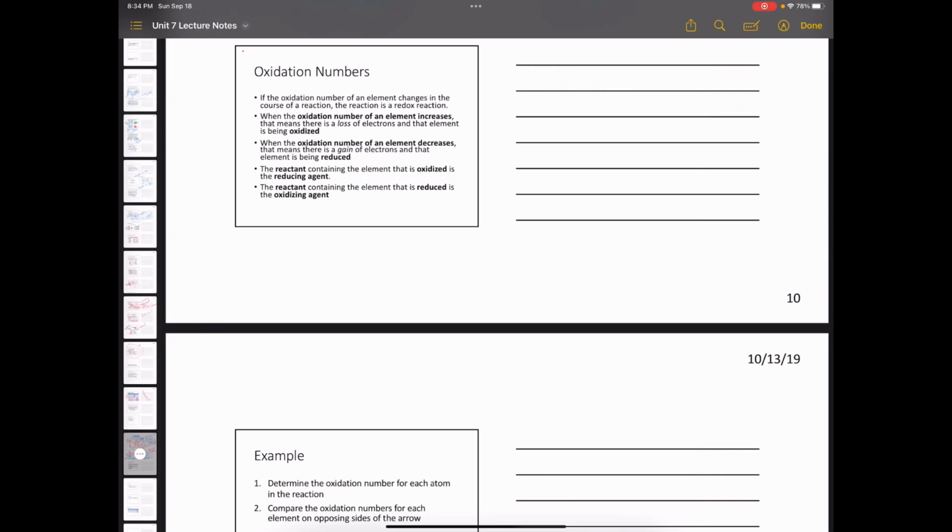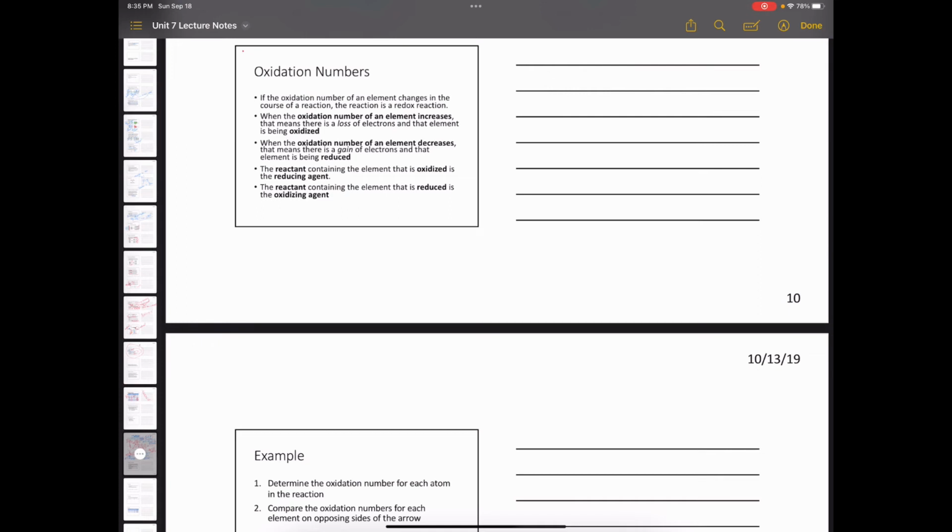The reactant containing the element that is oxidized, we call that reactant the reducing agent, right? Because that compound allowed other substance to be reduced, so it is the reducing agent. On the other hand, the reactant containing the element that is being reduced, we describe that as the oxidizing agent.